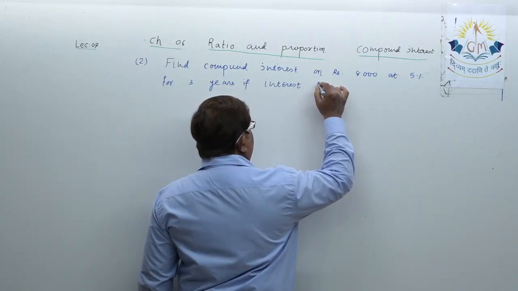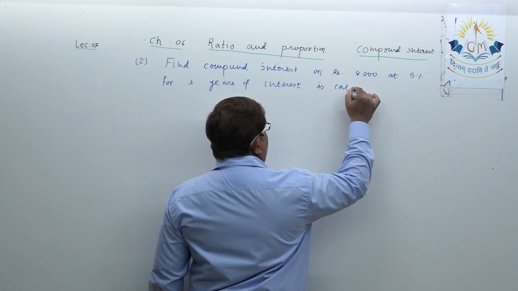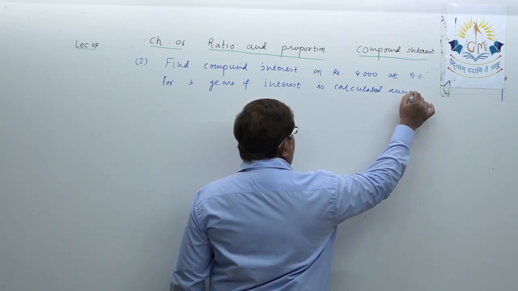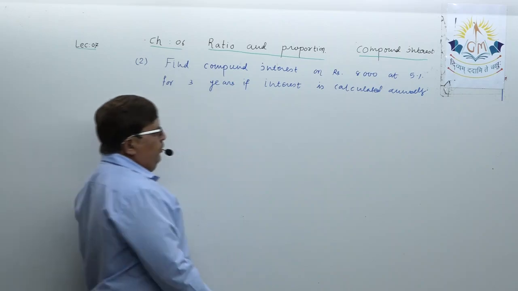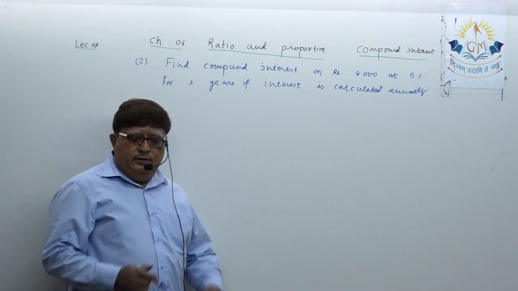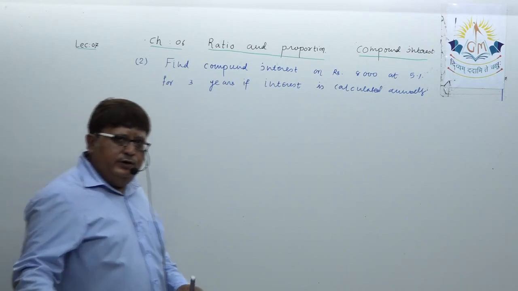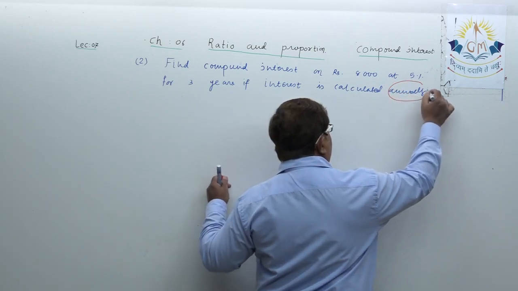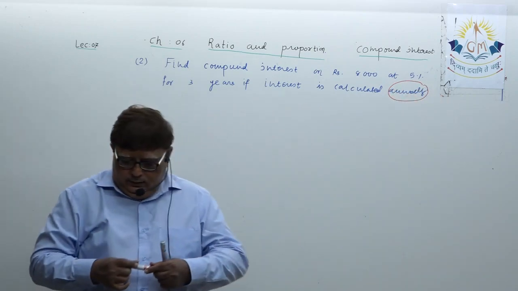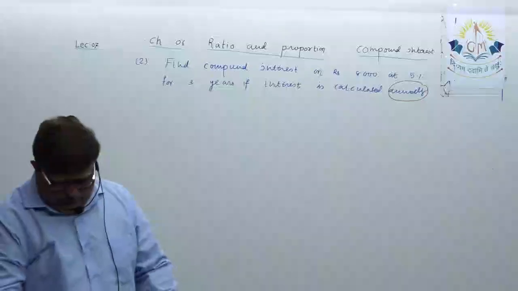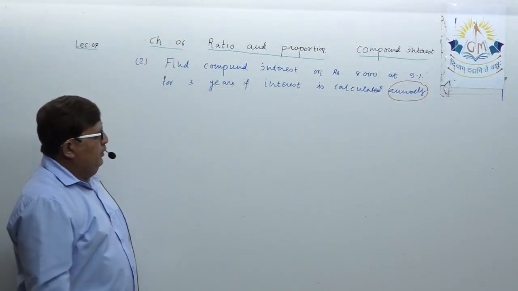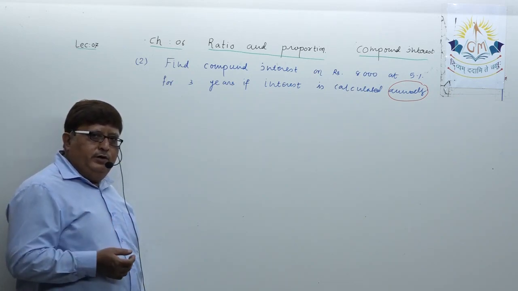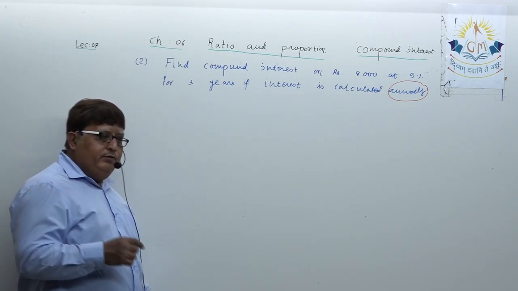If interest is calculated annually, okay, we know that we are solving the same type of example, but I need you to develop the practice of reading this last word again and again before you solve the example. This is very important. Is it clear? You can also start solving the example in your book before me.